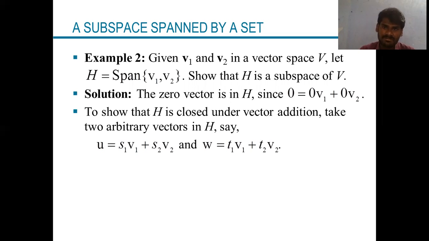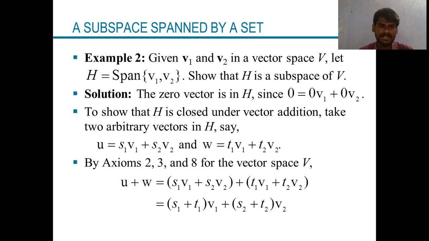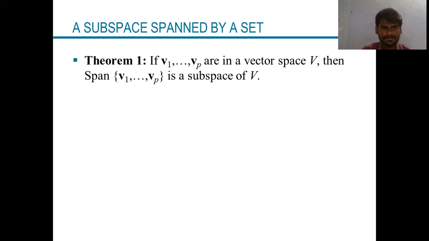That is, u is of the form s1 v1 plus s2 v2 and w is of the form t1 v1 plus t2 v2. Clearly, axioms 2, 3, 8 hold for the vector space V. Next, u plus w equals s1 v1 plus s2 v2 plus t1 v1 plus t2 v2, which equals (s1 plus t1) v1 plus (s2 plus t2) v2.